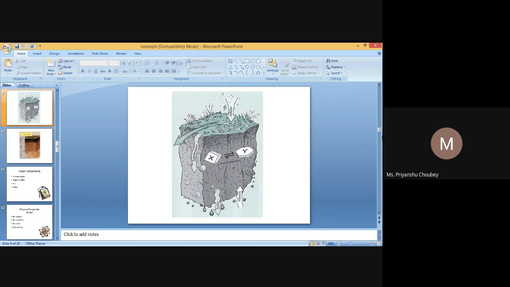Evaluation of soil structure: the soil structure can be evaluated by both direct and indirect methods. In the direct method, soil structure is characterized by observing the shape, size, and arrangement of the soil aggregates, either macroscopically or microscopically.